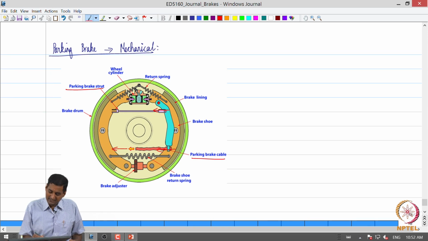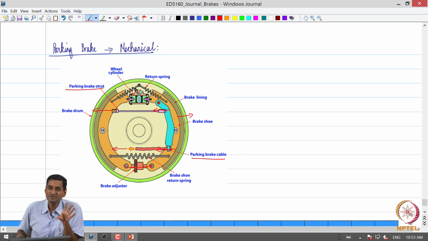The parking brake strut lies on this brake shoe. So, what is going to happen? It is going to push the brake shoe against the drum, and because of the self adjustment mechanism it will also rotate this and press this brake shoe against this drum, right. It will try to push it, but anyway parking brake is only a relatively smaller output brake, right.